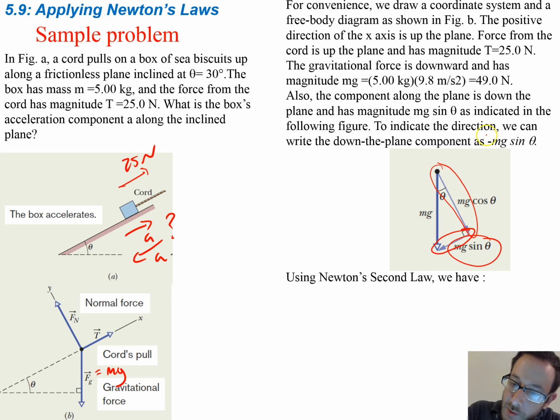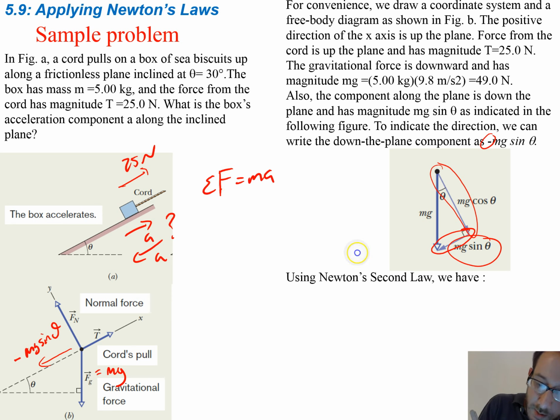To indicate direction, we're going to put a negative sign in front of our mg sine theta, right? Because it's going to the left on this plane. So we have this mg sine theta, and we'll call it negative since it's going away from positive. Okay. So we want to use Newton's second law, which is the summation of forces is equal to ma. We'll just use the x there to denote we're talking about just the x direction.